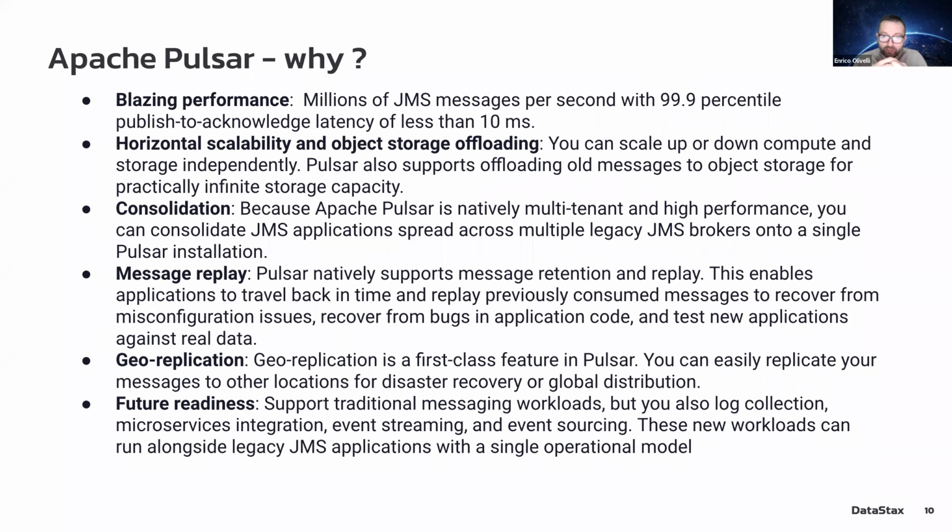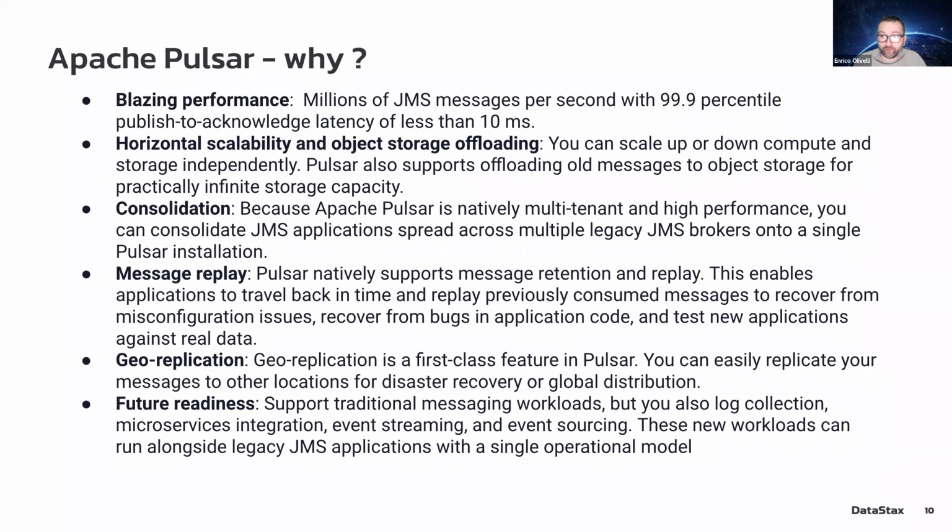You can also consolidate many existing JMS applications into one single Pulsar cluster, because usually JMS brokers are not very scalable, and you are used to creating separate clusters of JMS brokers. But with Pulsar and with the horizontal scalability capabilities and the multi-tenancy features, you can connect everything and put everything into one single Pulsar cluster.